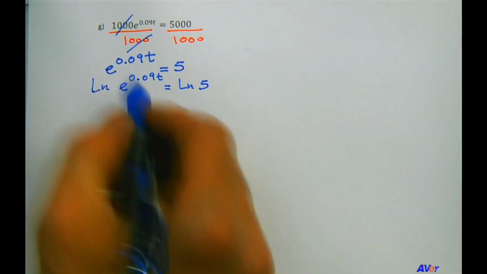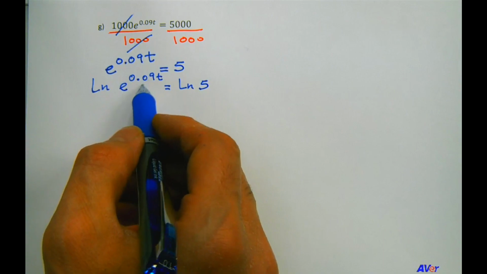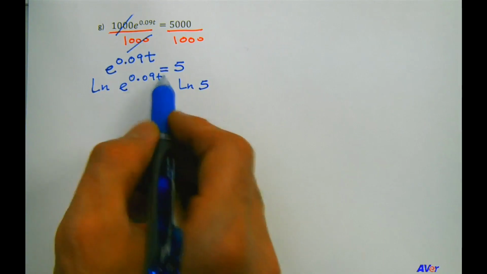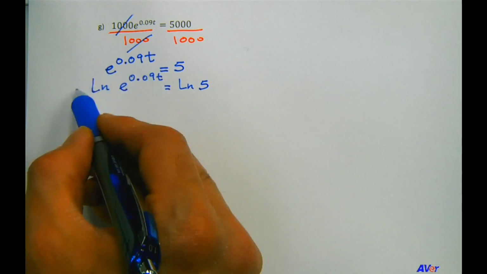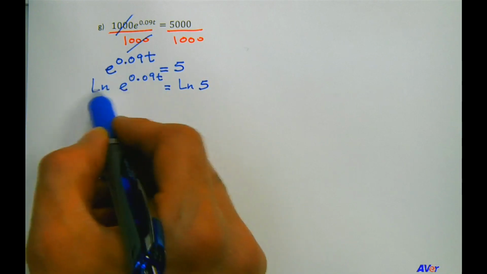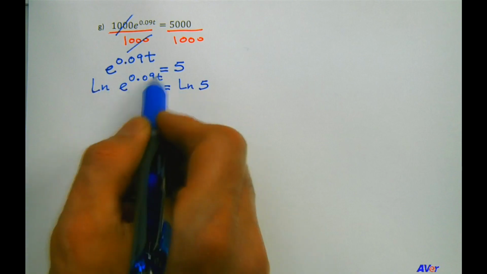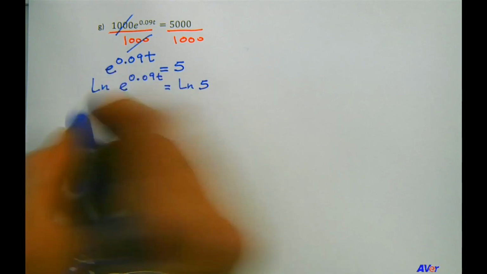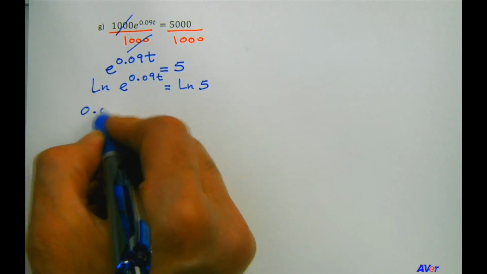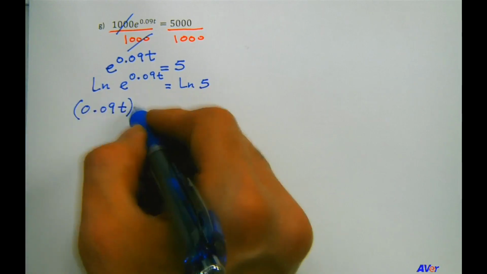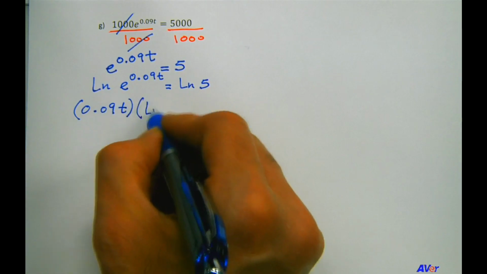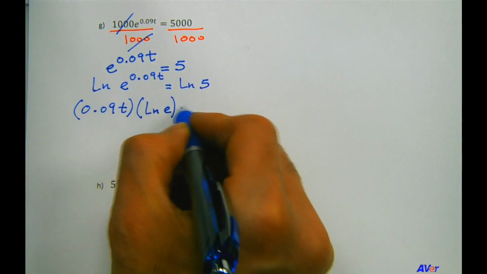Okay, so now we have that property that we learned about in the last video, and that says that we can bring this down and in front. As long as we have a log or natural log, we can bring the exponent down and in front. So we have 0.09t times natural log of e, right?